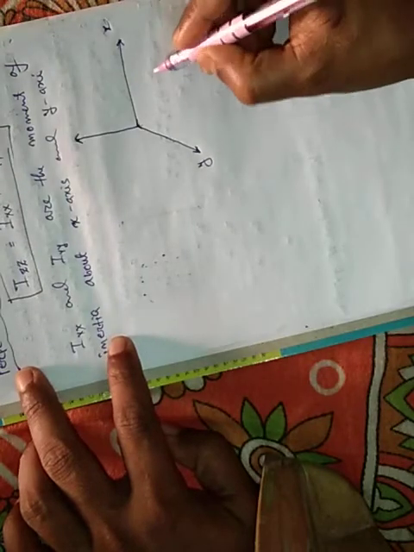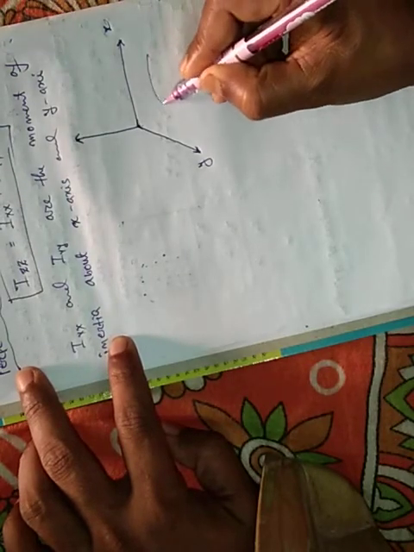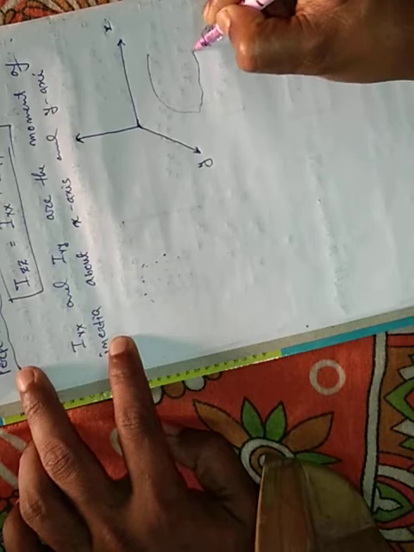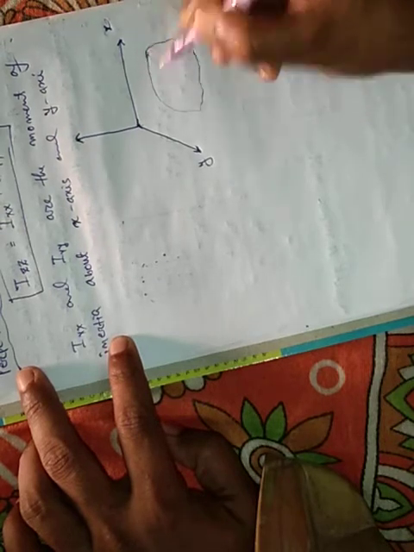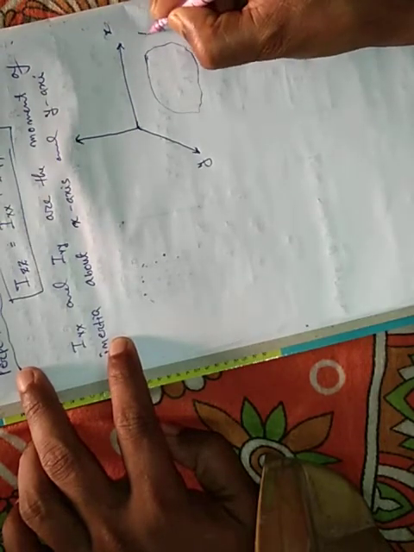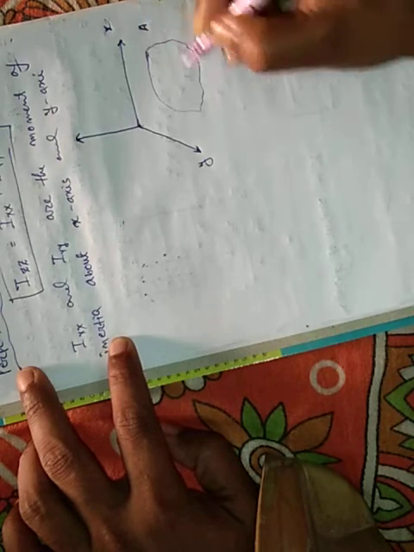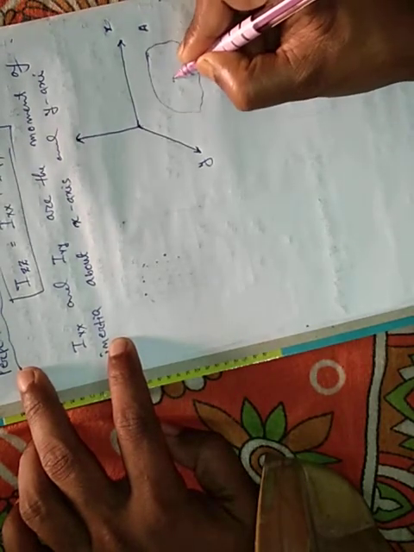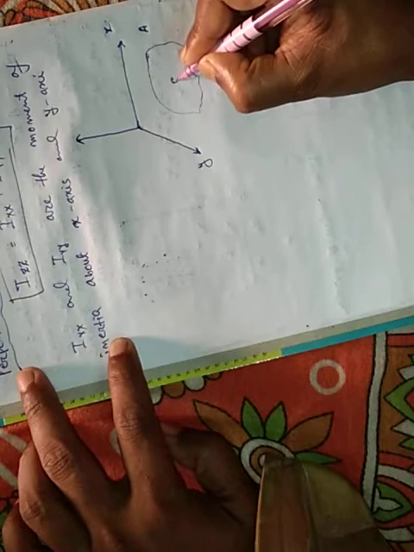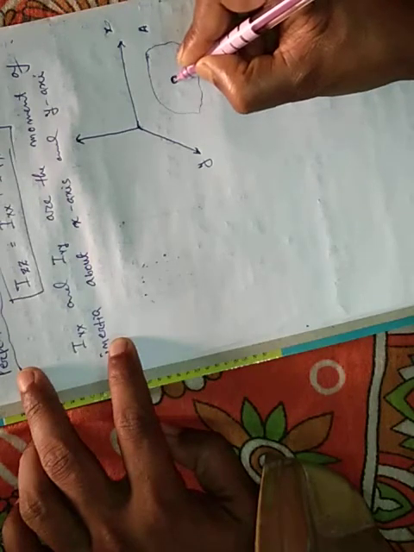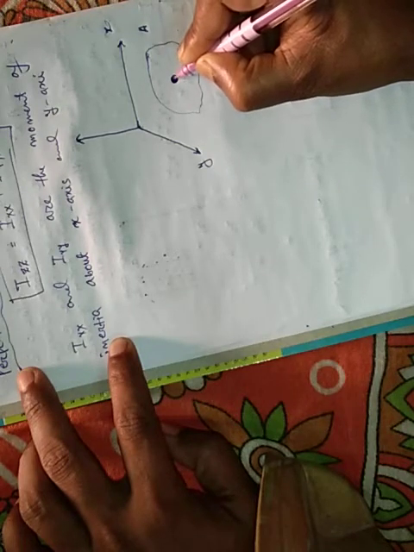Let us take a small thick lamina of plane area A, and consider a small portion like a dot.